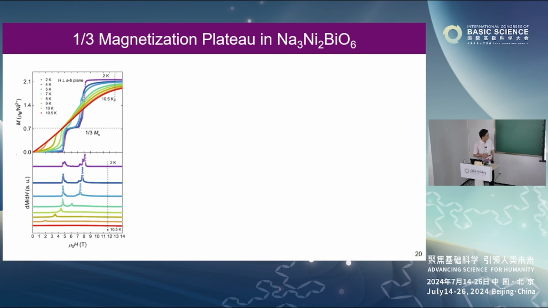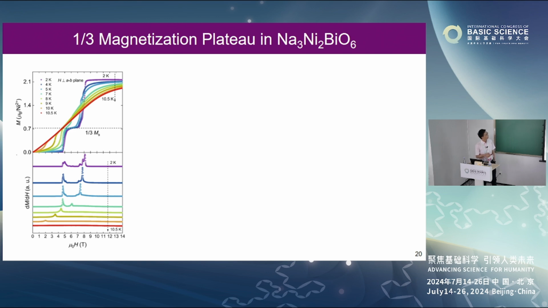So the first step is around the magnetization equal to 0. This is due to the presence of the single-ion anisotropy. So you need to overcome this gap to have a finite magnetization.